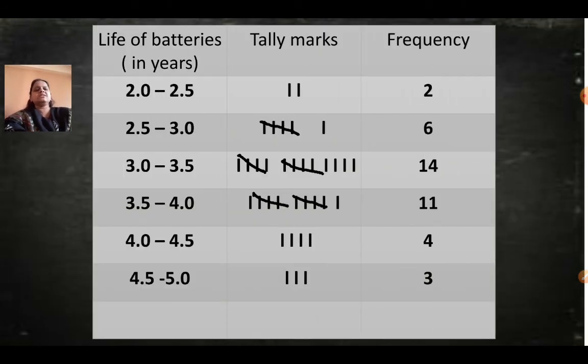Life of the batteries in years is given as classes: 2 to 2.5, 2.5 to 3, 3 to 3.5, 3.5 to 4, 4 to 4.5, 4.5 to 5, with frequencies 2, 6, 14, 11, 4 and 3. Is it correct? Yes. So write the total also, and solve this answer by yourself again and check the frequency.